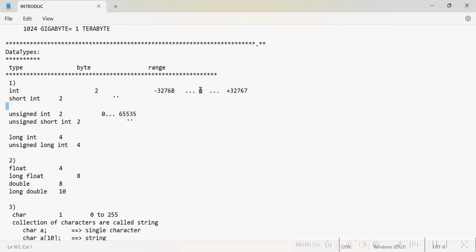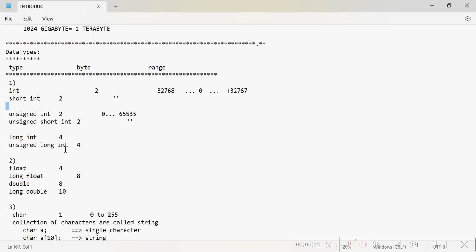But in unsigned int, negative numbers are not there. All the numbers are positive. The range is 0 to 65,535. So the total numbers are 65,536. It means we start from 0, that's why the number is reduced by 1. Okay, I think it may be understood.